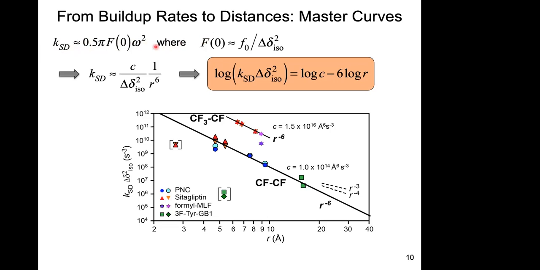But then the other quantity, which is very important, which for carbon-13 based experiments people don't do very often, is this F0 quantity. It's the so-called overlap integral that describes how efficient it is for two spins of different isotropic chemical shift to exchange their energy, or to have spin diffusion occur. The idea is if there is some spectral frequency overlap, the chemical shifts are not too far apart, then this dipolar coupling or spin exchange can happen more easily.